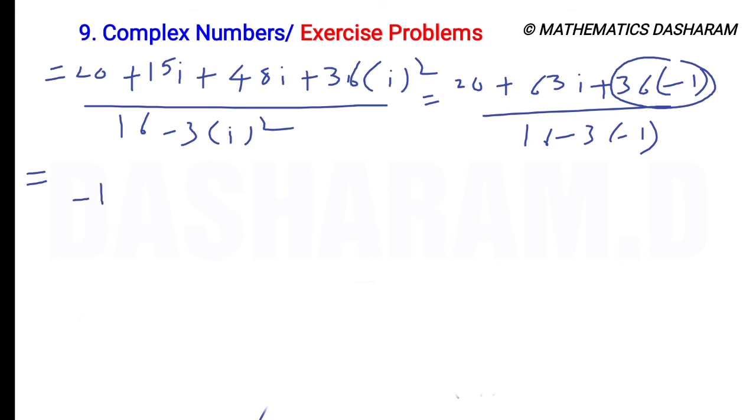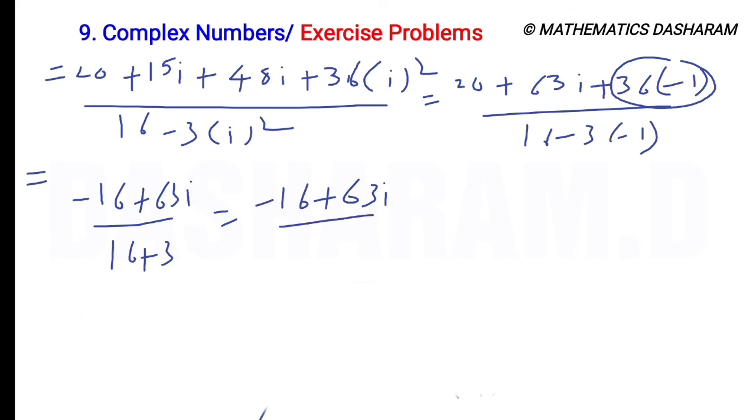So minus 16 plus 63i divided by 16 plus 3, which is 19. So now minus 16 by 19 plus 63 by 19 into i.